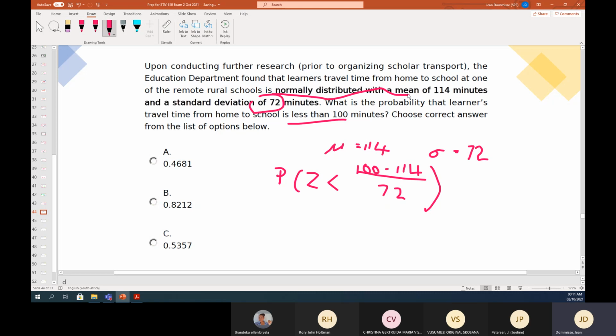Make very sure that when they talk in one unit, the question is also in the same unit. Sometimes they say less than 2 hours, and then you use 2 instead of 120 minutes.